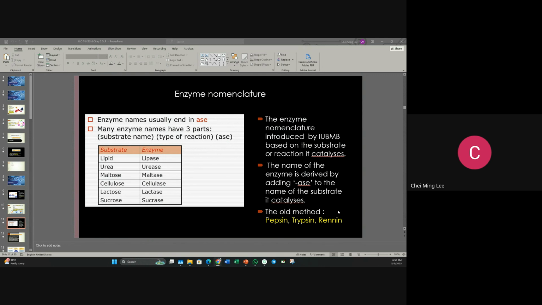The name was already given to them before the IUPMB. This is under the IUPMB standard, because this one comes first, then IUPMB comes in. So normally we will like hallmark for the old people one. So that's why they remain the old name.